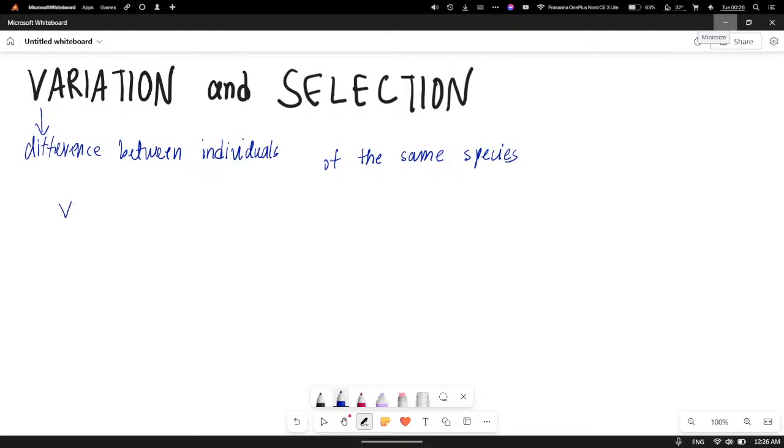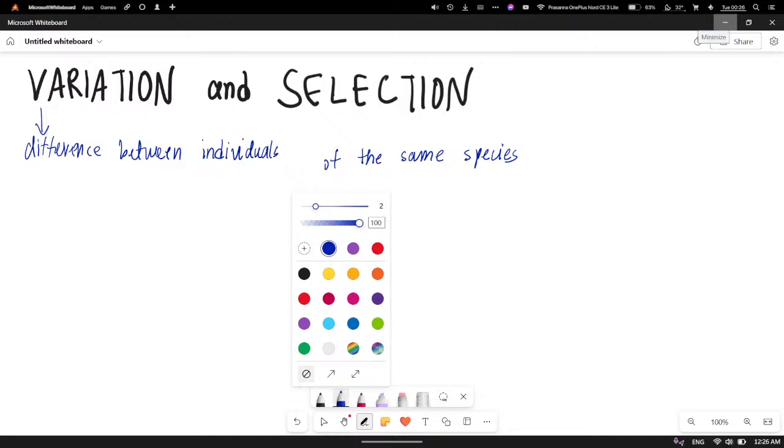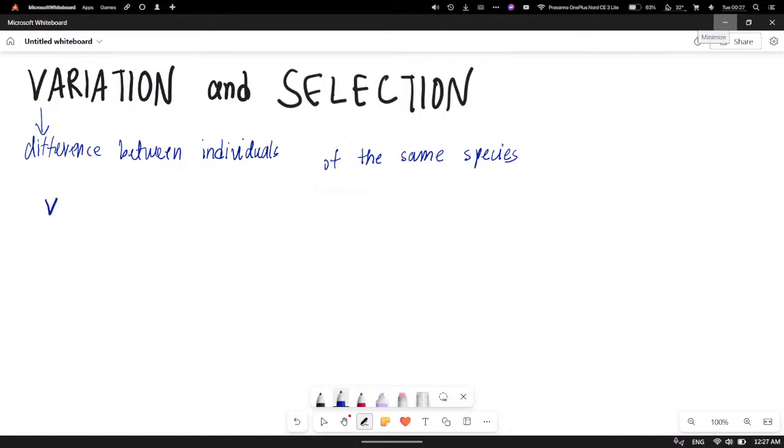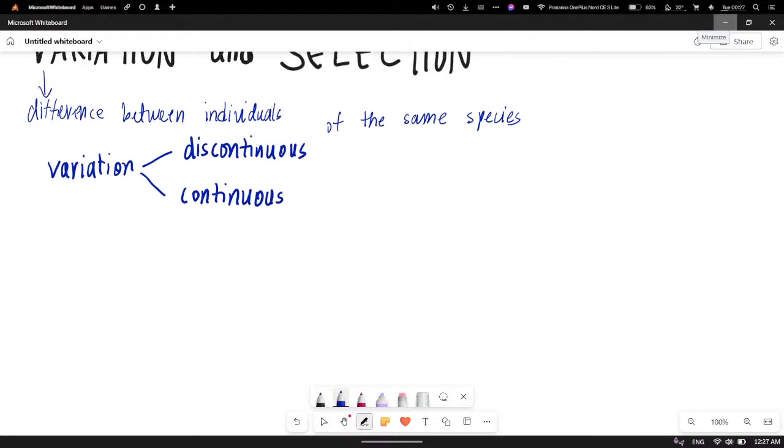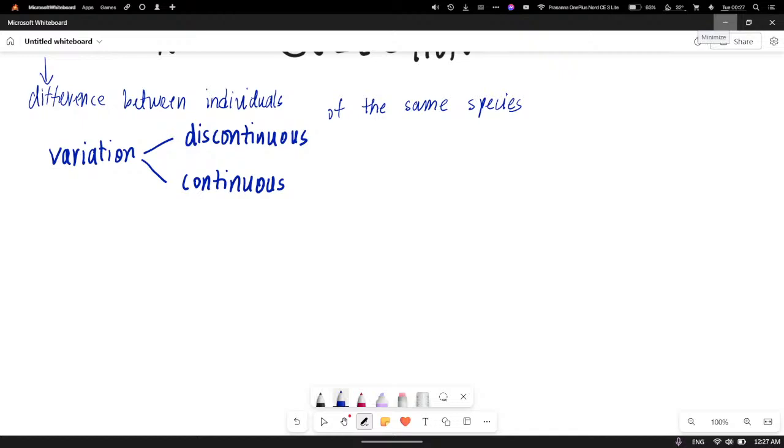Okay, let me increase the font. So, yep. So variation now of two types. The first one that we have is discontinuous, and we have continuous. Okay, so I'm not going to be writing down everything, but the main stuff only.